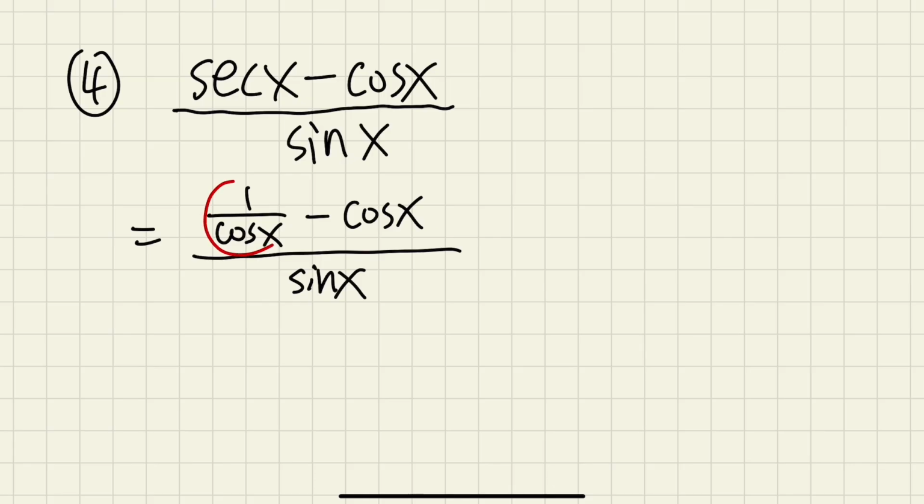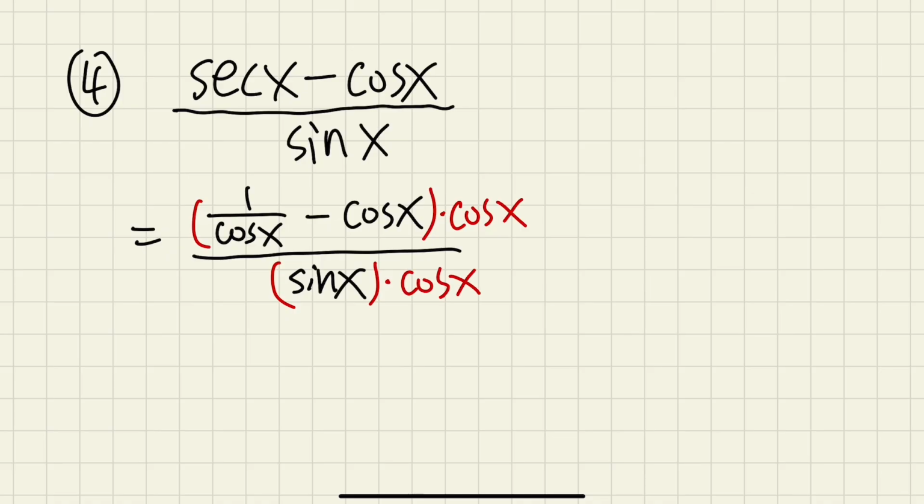Notice here we have a small fraction inside a big fraction. And this is what we call a complex fraction. And to simplify a complex fraction, we can try the following. Let's just go ahead and multiply the top and the bottom by the lowest common denominator of the small fractions. Since we only have 1, we just need to multiply by the cosine x right here, top and bottom.